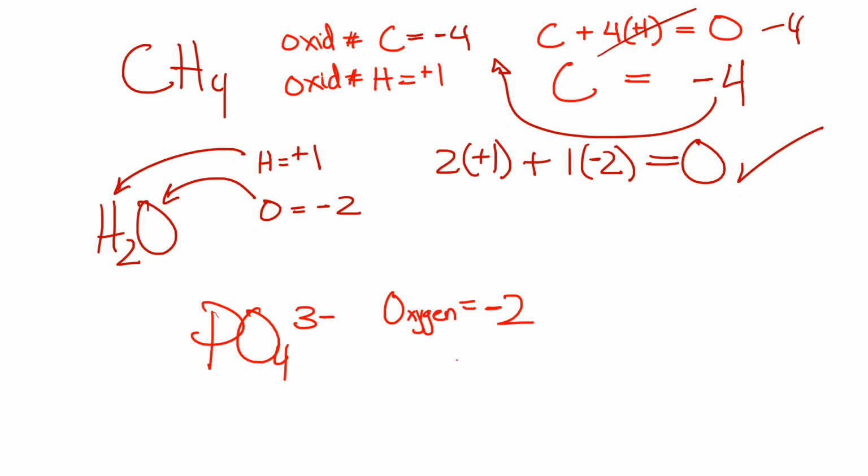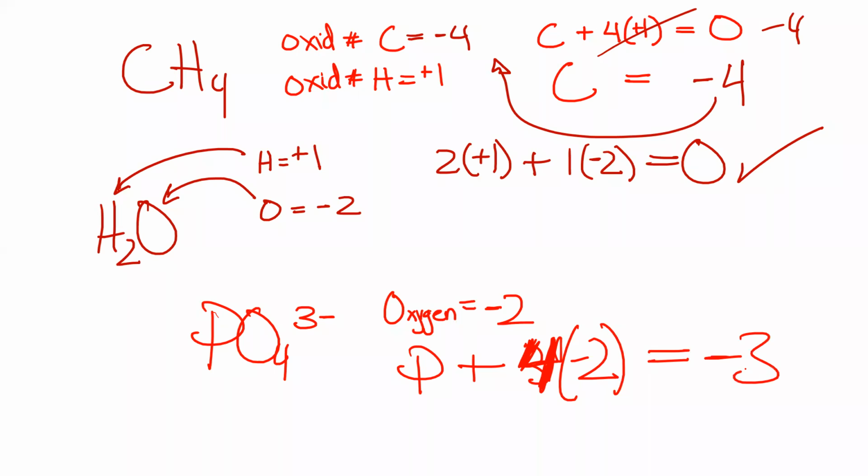Oxygen's -2. So now phosphorus we don't know, but we need to add to it 4 of -2, and that must be equal to a total of -3 based on the charge of the ion. So you do the math, you go phosphorus -8 equals -3, so phosphorus is equal to +5.